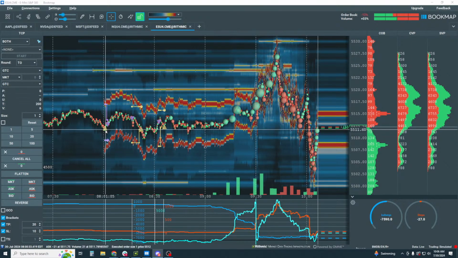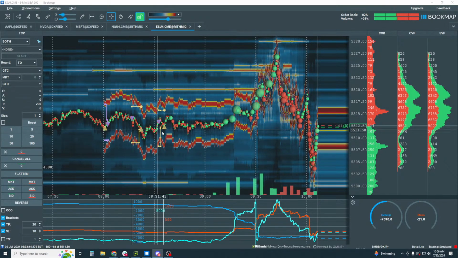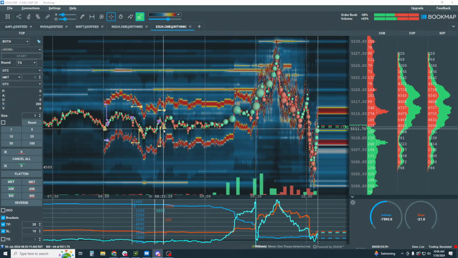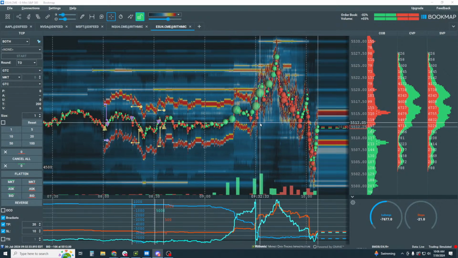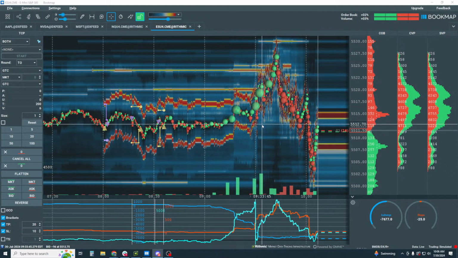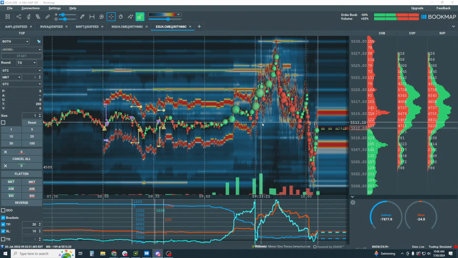This was off of VWAP, just some very, very simple things. Yesterday, we went over CVD quite a bit. We can continue if you guys had any questions on that. And exhaustion is another part of it. So just let me know what kind of questions you have.